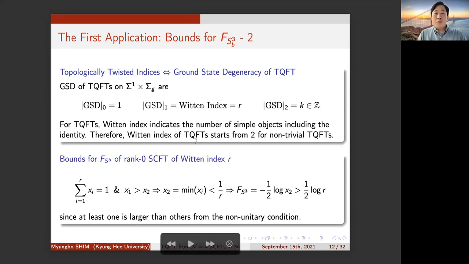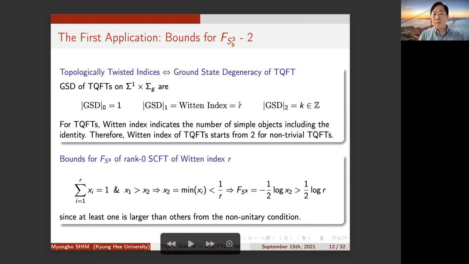We have more than three equations, but for small Witten index R, we use the R equations, and the most basic one is that the superconformal index is 0. So the sum of all the x's should be 1.